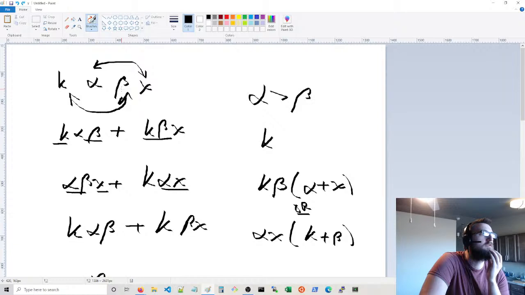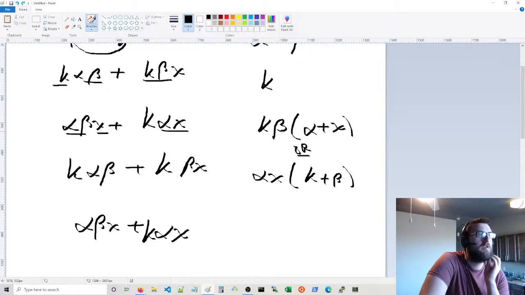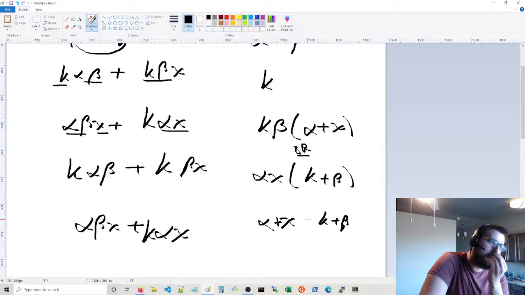Now, if alpha times x is equal to k times beta, then you have alpha plus x compared to k plus beta. If alpha times x and k times beta are equal to each other, does that imply that these two sums are equal to each other as well?